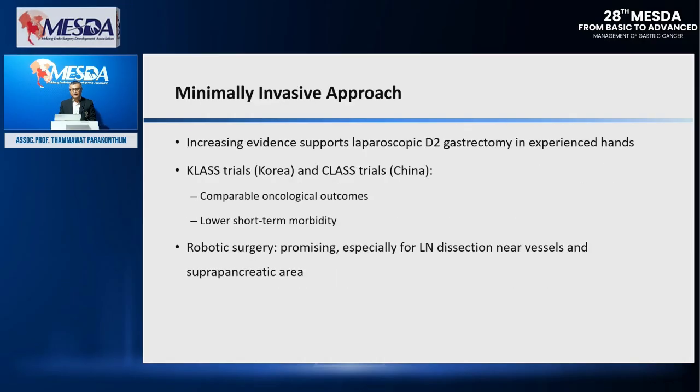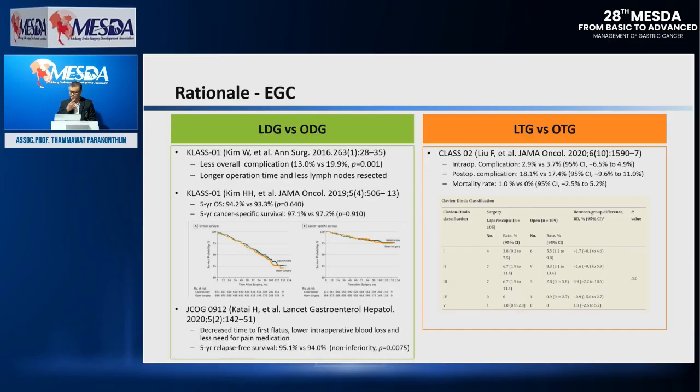Talking about the minimally invasive approach, the earlier study is related to distal gastrectomy. The Korean study compared short-term and long-term outcomes of laparoscopic distal gastrectomy with open distal gastrectomy, and the results demonstrate low complications after surgery and also comparable survival outcome.